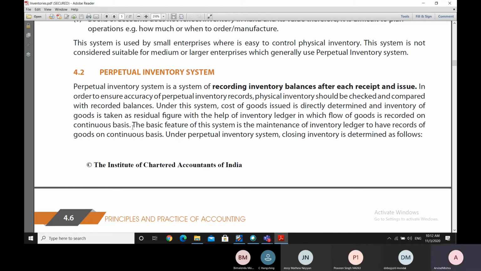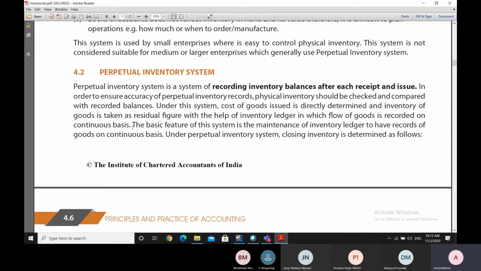So this inventory valuation is coming to us as a residual figure after doing some computation based on the inventory ledger flow of goods, and inventory is not being directly generated from the physical counting. Therefore, inventory is the residual figure and cost of the goods issued is the directly determined figure.